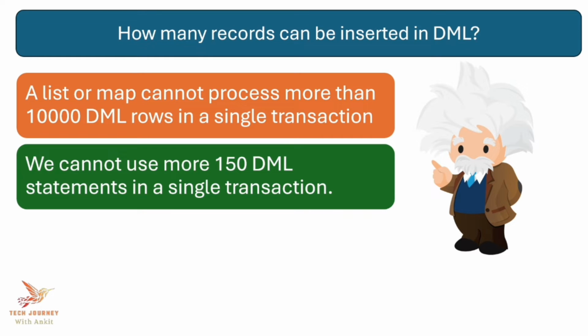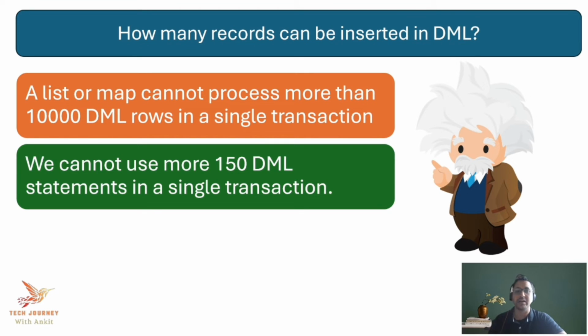Now the next question: how many records can be inserted with a DML method? With a DML method, we can insert a maximum of 10,000 rows at a time. For example, while performing operations on a collection, at a time I can insert a maximum of 10,000 records.